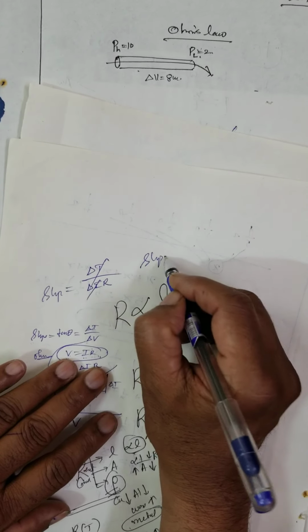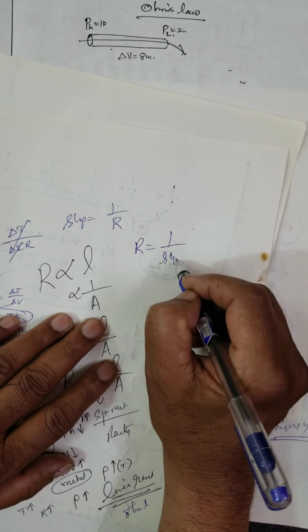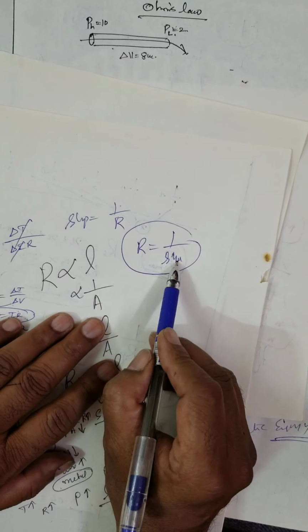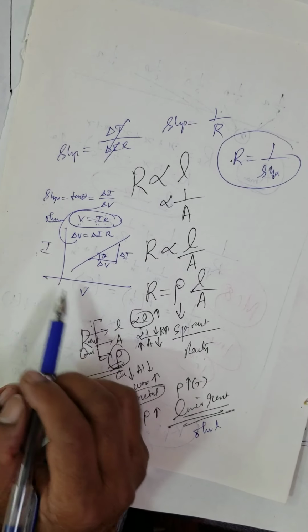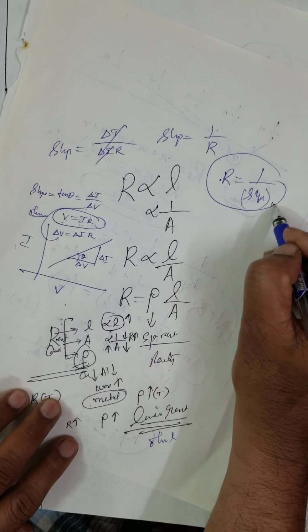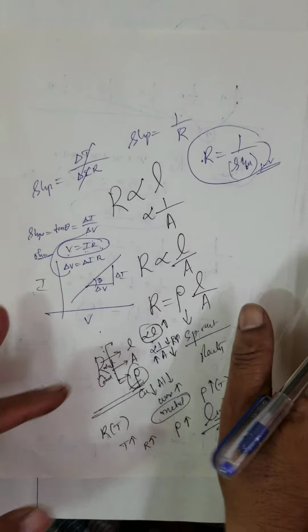Therefore, slope is equal to 1 by R, so R is equal to 1 by slope. Reciprocal of the slope of IV characteristics is equal to resistance.